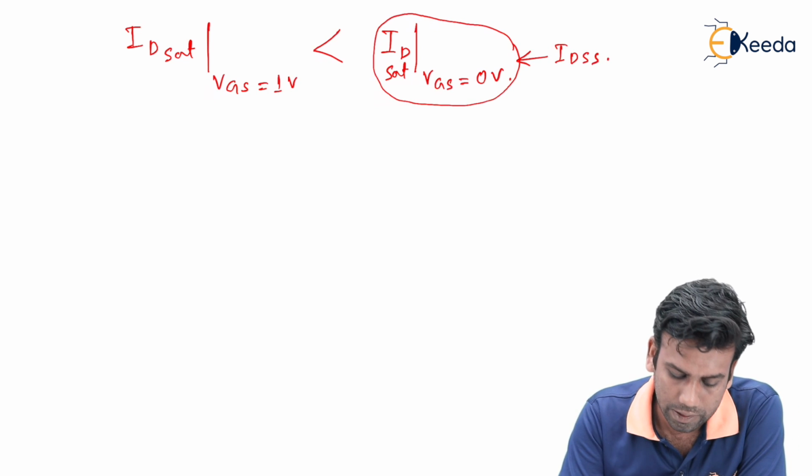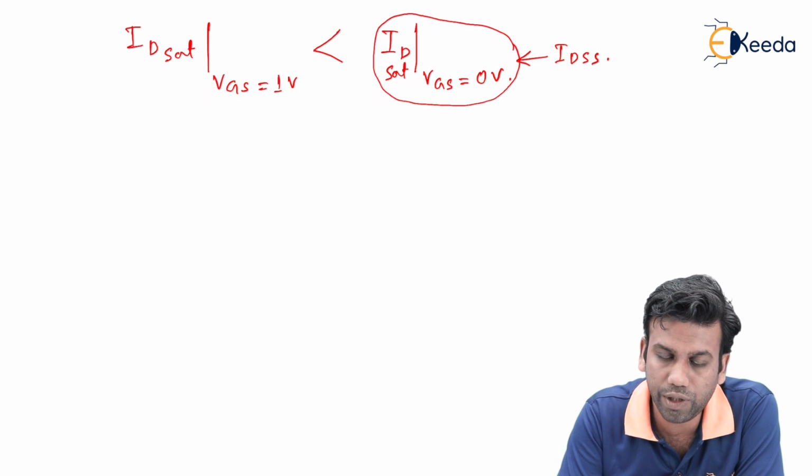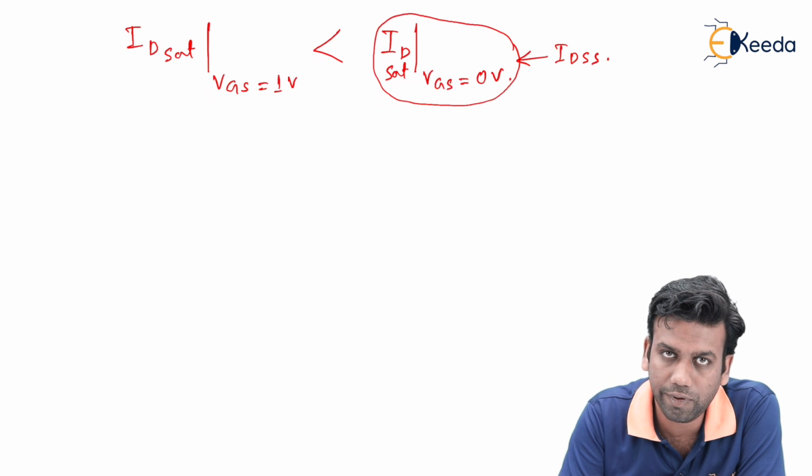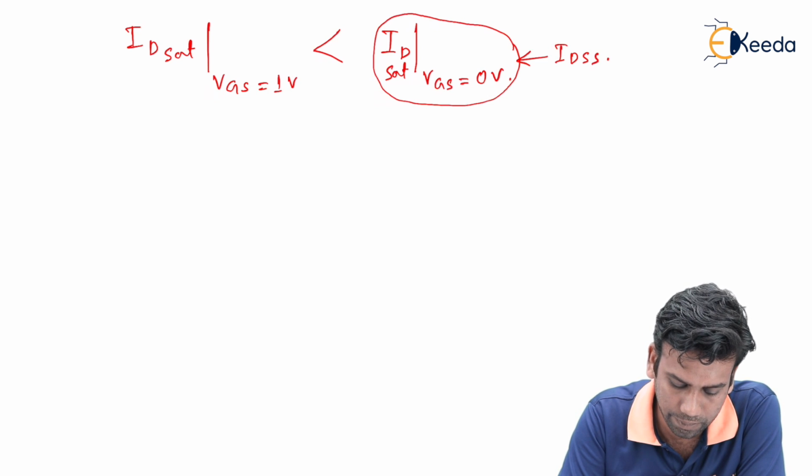So now the JFET will be saturated at a lower value of ID current, and the pinch off voltage will also be smaller than the previous pinch off voltage.